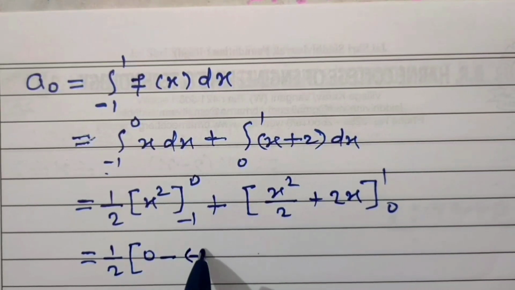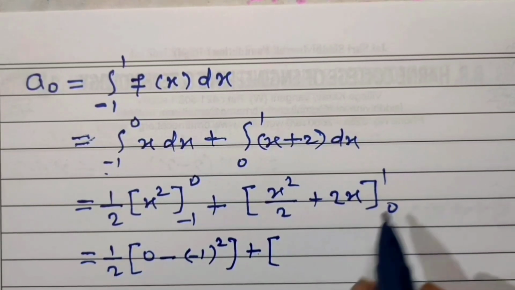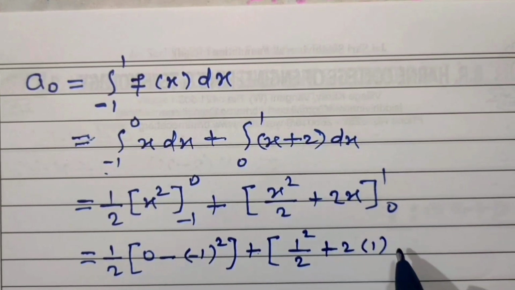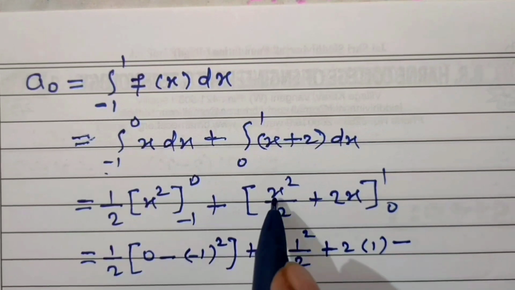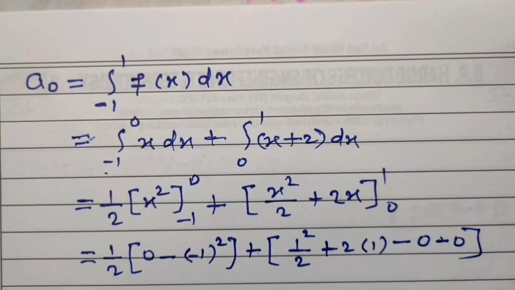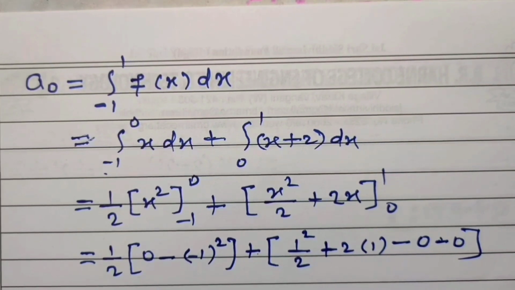So -1 its square plus first substitute upper limit here 1 square divided by 2 plus 2 into 1 minus substitute lower limit x is equal to 0. So 0 minus 0. Simplify this and get the value of a0.